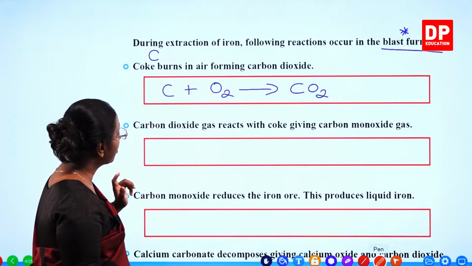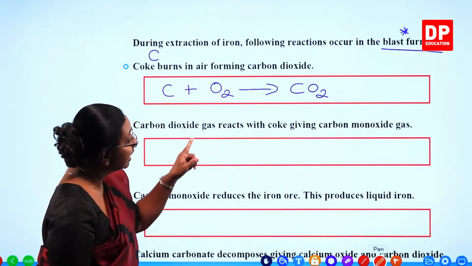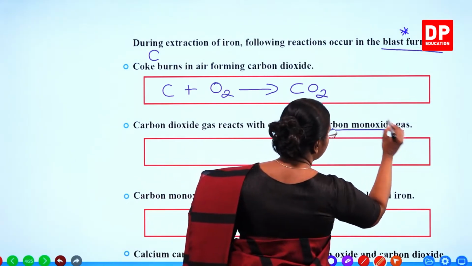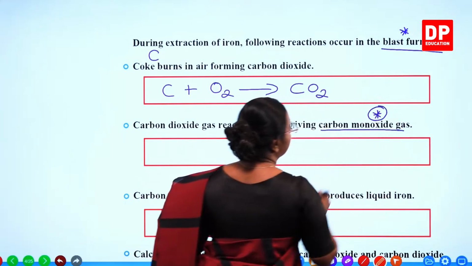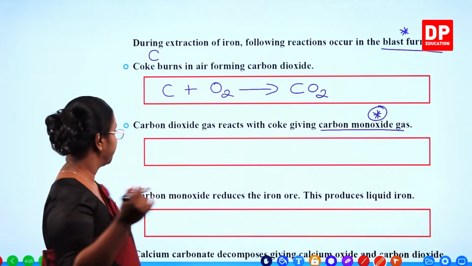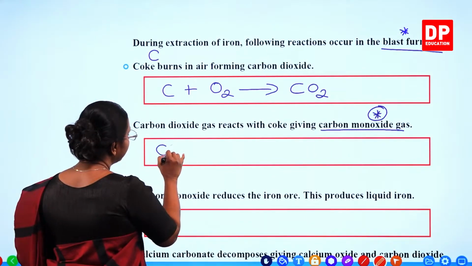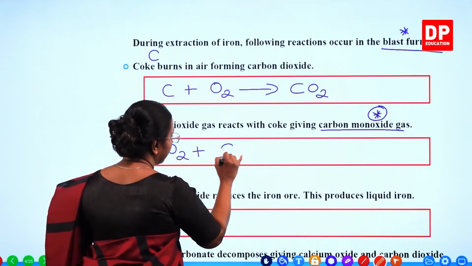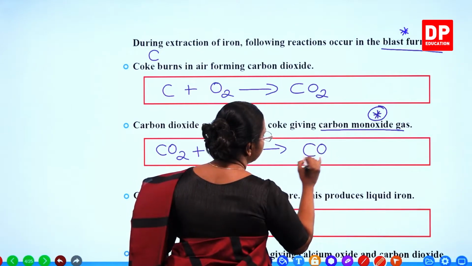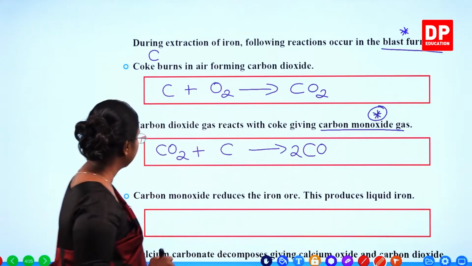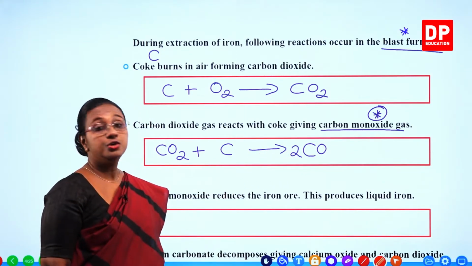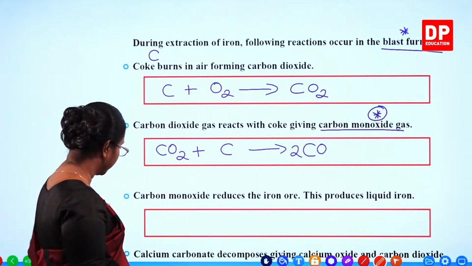Then carbon dioxide gas reacts with coke, giving carbon monoxide. So here carbon monoxide is very, very important because that is the compound that reacts with hematite. So carbon dioxide reacts with carbon, that is coke, to give rise to carbon monoxide. And when you balance, CO2 plus C, reactants, giving rise to 2CO, carbon monoxide.